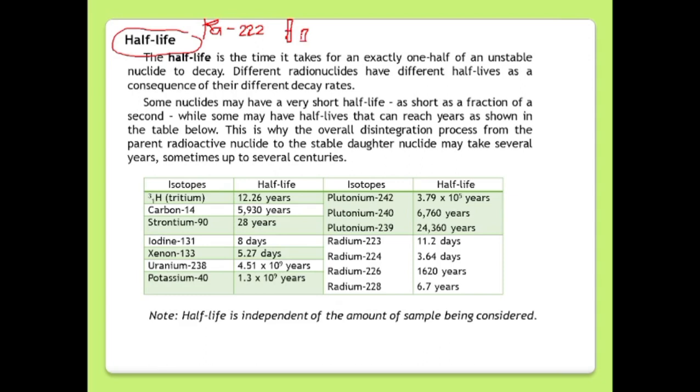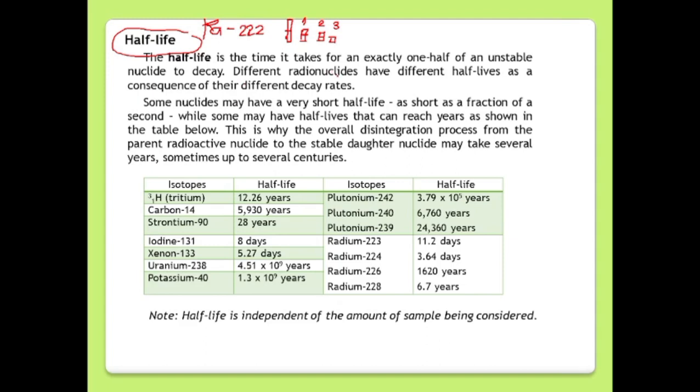And then yung time na magiging half ulit to is second half-life, and yung time na magiging half ulit to is yung third half-life niya. So, this one is the first half-life, this two is the second half-life, and this one is the third half-life. So, yun yung tinatawag natin na half-life.